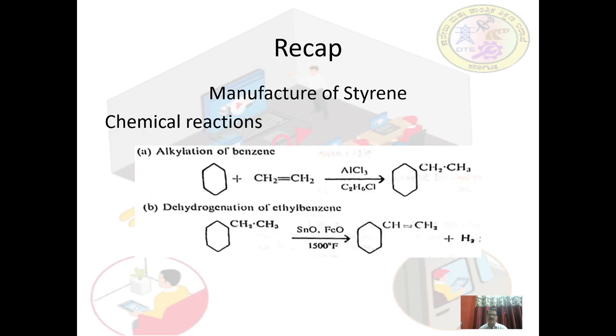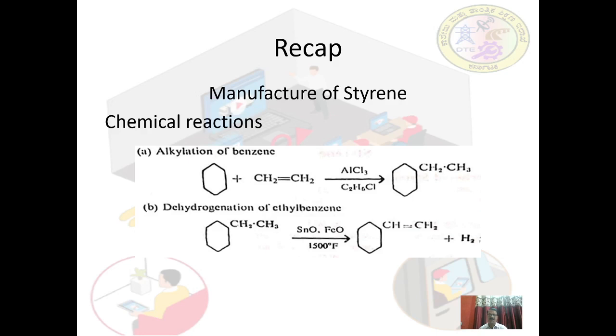The second stage of reaction is the dehydrogenation of ethyl benzene. Ethyl benzene is dehydrogenated in presence of stannous oxide or iron oxide at a temperature of 1500 degree Fahrenheit to styrene, and hydrogen is liberated.